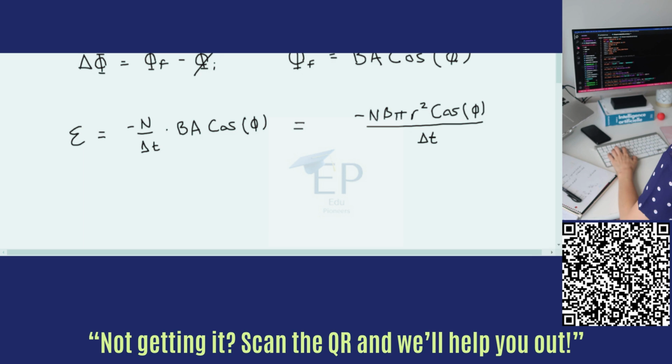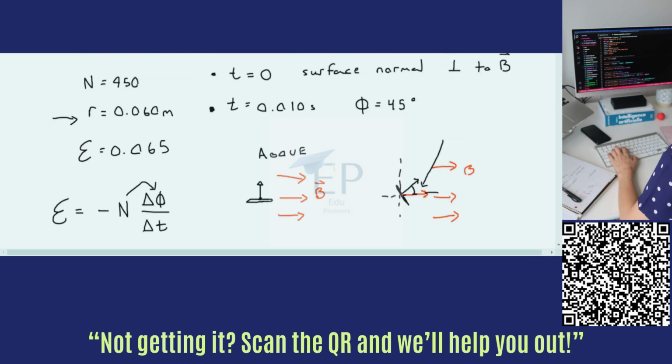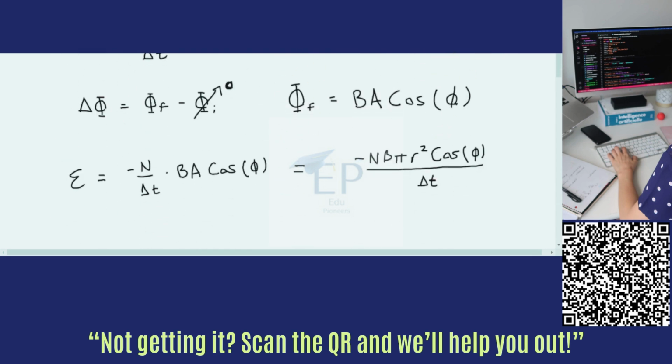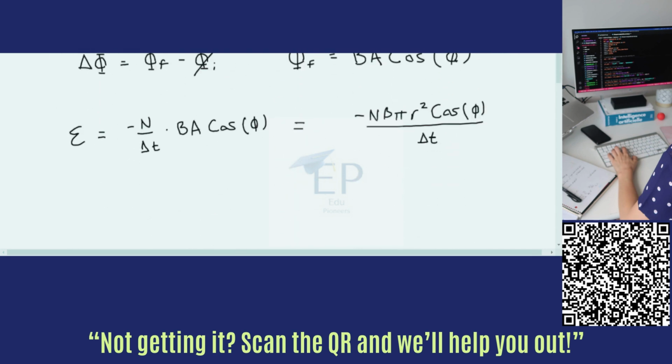So now we're at a point where we should have everything we need to just start calculating. We have 950 turns. We have the strength of the magnetic field is unknown. So that'll be our one unknown, and then everything else is known. Okay. So let's go ahead and solve this equation for our unknown. So we'll multiply both sides of our equation by delta t.